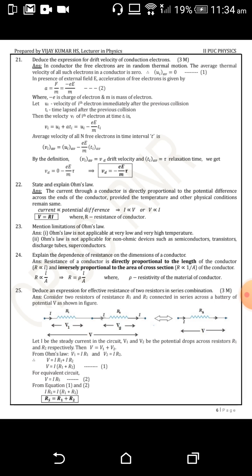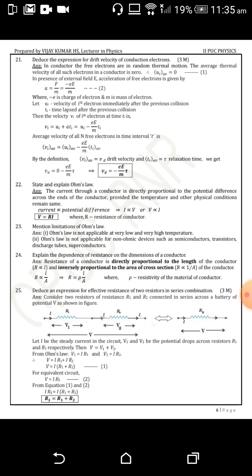And it is inversely proportional to the area of cross section, that is, R is proportional to 1 by A. Clubbing those two, you can write R is proportional to L by A. Replacing the proportionality with an equal sign, R is equal to rho into L by A, where rho is a constant called the resistivity of the material of the conductor. So this is regarding the factors on which the resistance of a conductor depends.